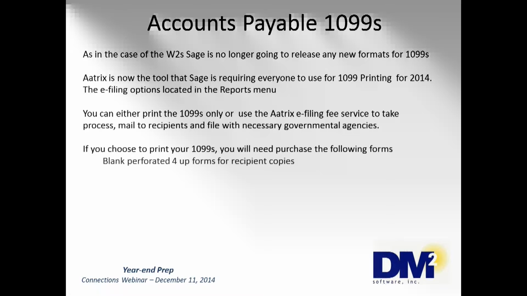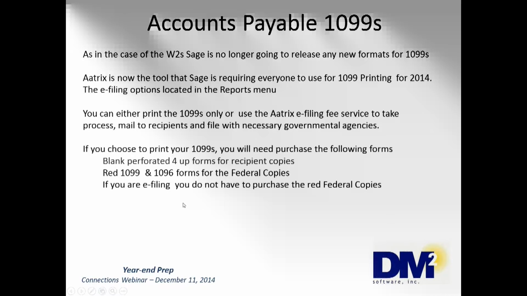There's an option to print instructions, and then you'll put that in the same envelope with your recipient's 1099 copies. You'll also need to get the red 1099 and 1096 forms; a lot of the packages have them, but if you're buying them individually, make sure you have the red 1099 and 1096 forms for the federal copies. And of course, if you are e-filing, you don't have to purchase any of those.